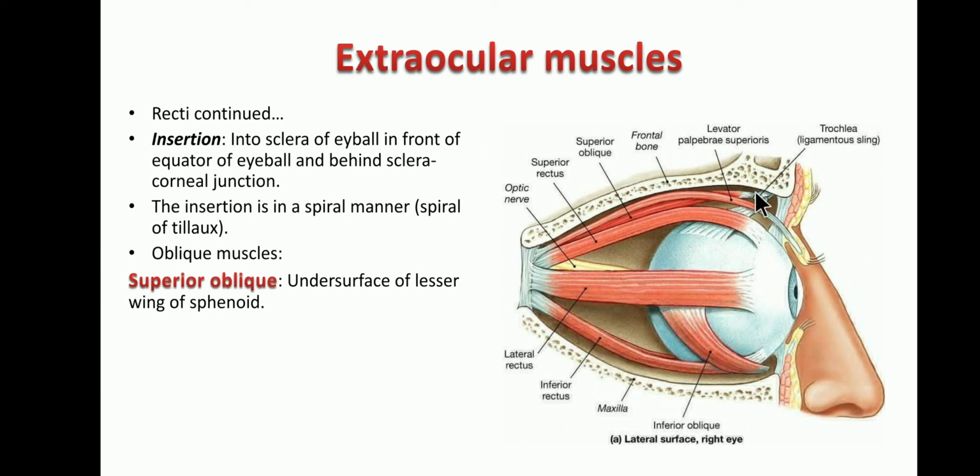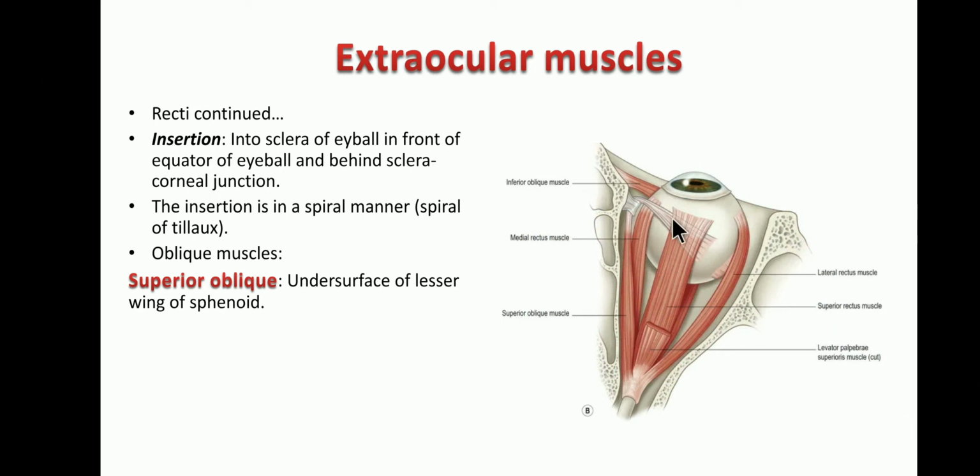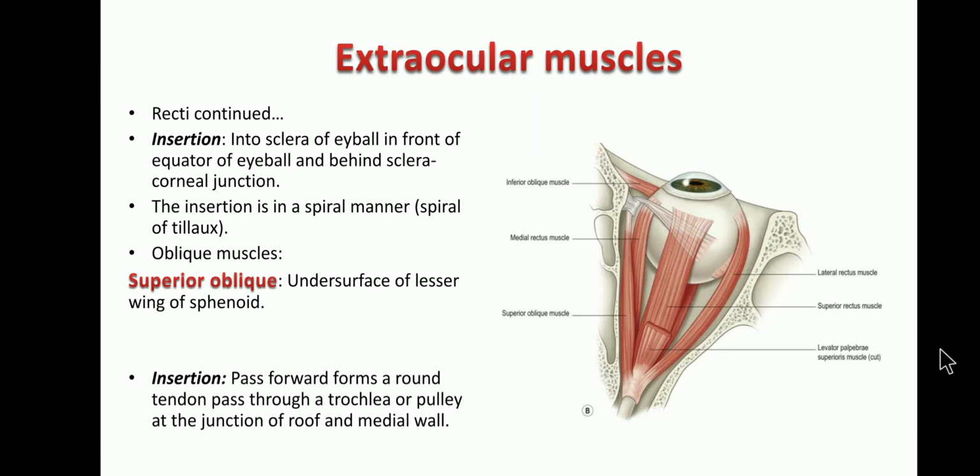So the tendon, after passing through the trochlear pulley, changes its direction, goes backwards and laterally under the superior rectus and inserts into the posterior superior quadrant behind the equator. So that is the direction of the superior oblique muscle.